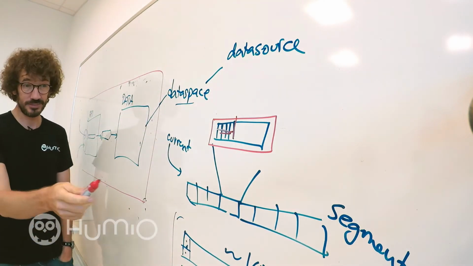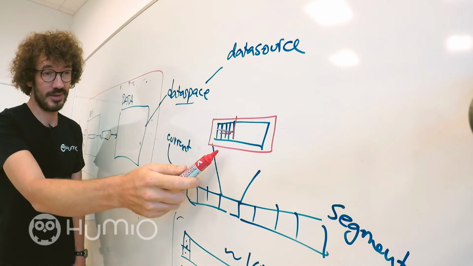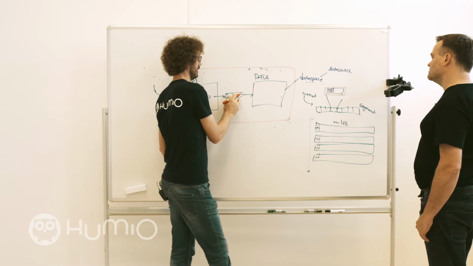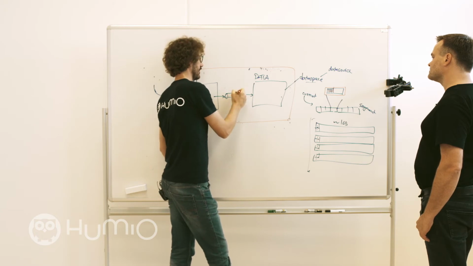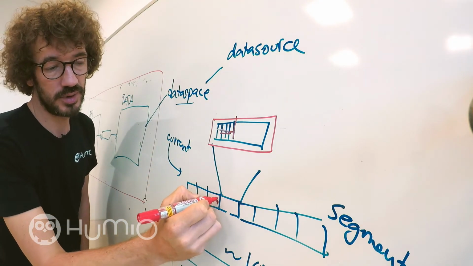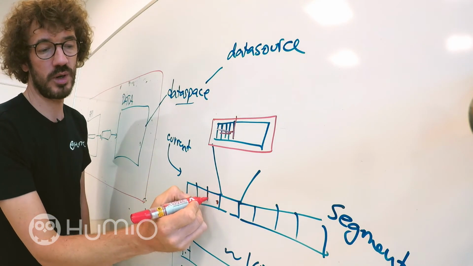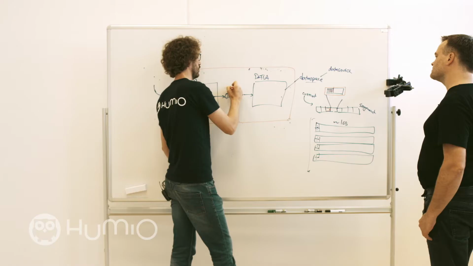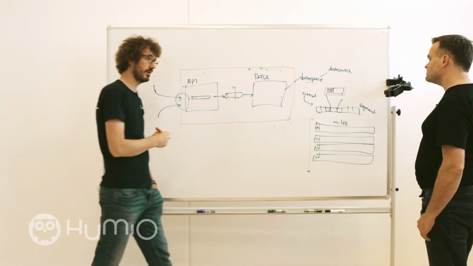What we do is go back to the queue, because in Kafka every message has an offset. Say the last log line in the previous block, the one that was persisted, had offset number 100 in the log.